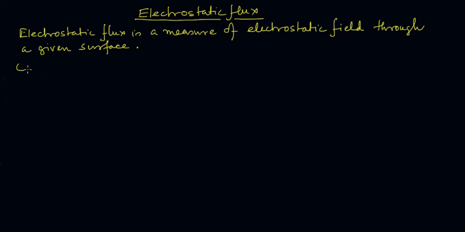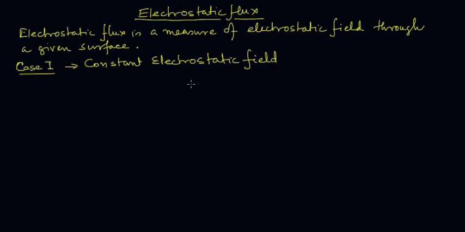Case 1, we take a constant electrostatic field. Now what is a constant electrostatic field? If the electrostatic field does not vary with space, if anything does not vary with space, that is a constant field.